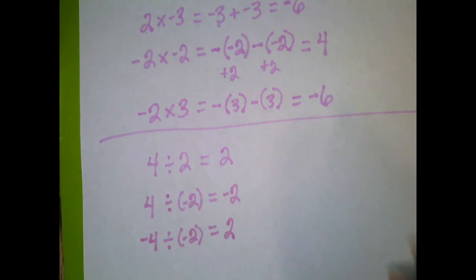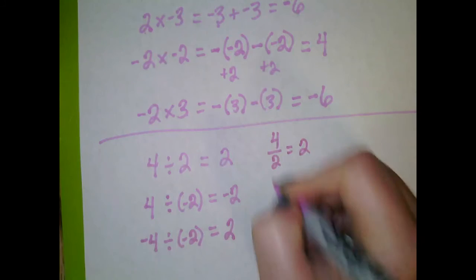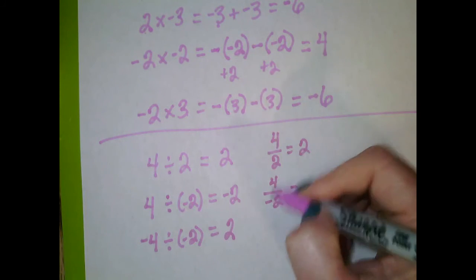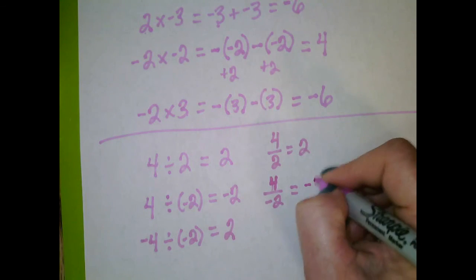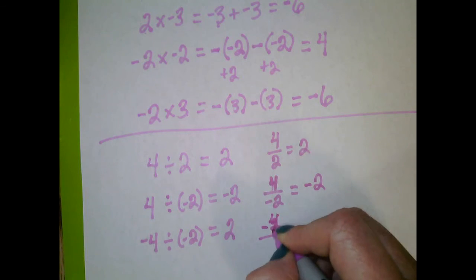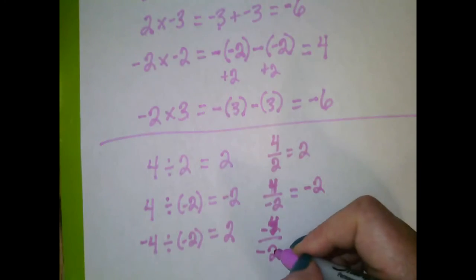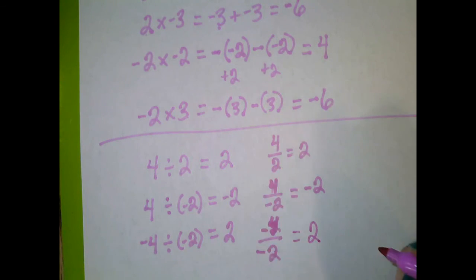So if you notice, and if we write these as fractions, you'll see 4 divided by 2 is 2. 4 over negative 2: if one of these is negative, then that whole value is negative. So that's negative 2. And this one, both of these values are negative, so you get a positive.